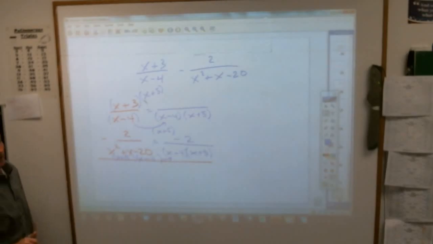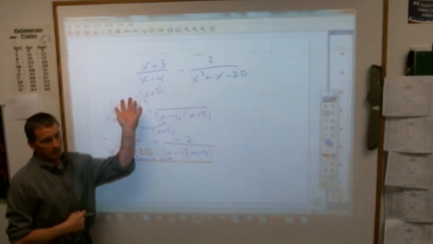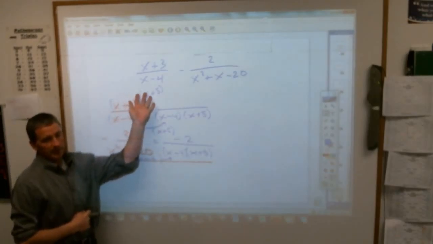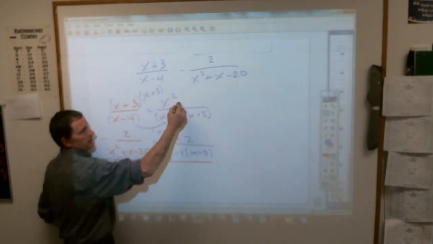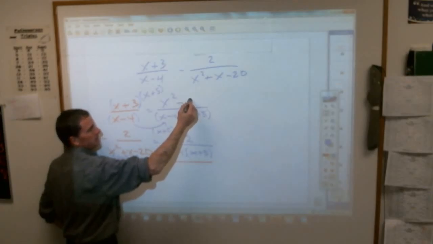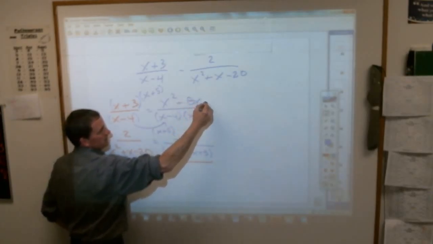Before I answer Calvin's, I actually need to multiply that out. So it's FOIL. If I multiply that out using FOIL, I get x squared plus 8x, plus 15.